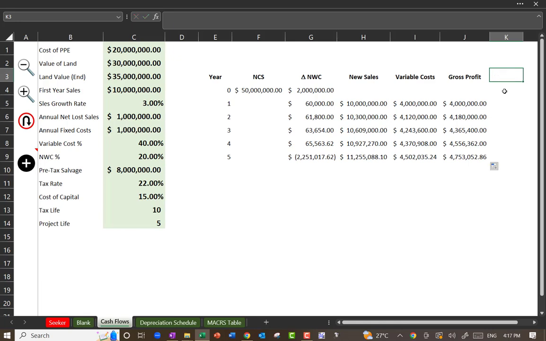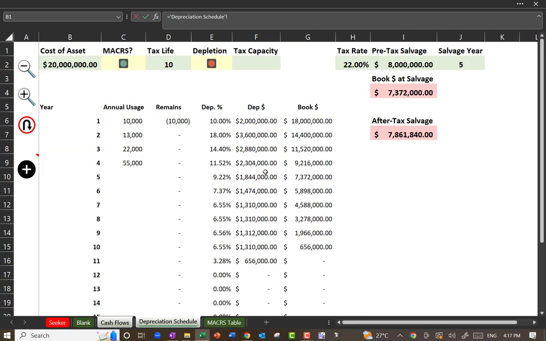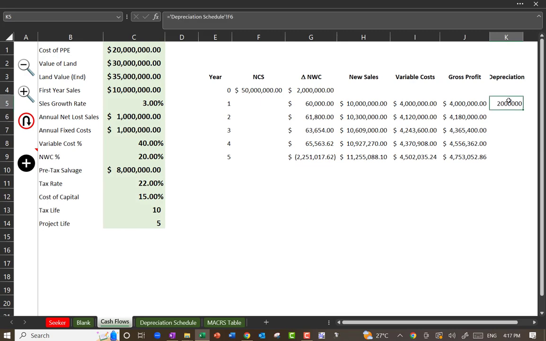I'm gonna calculate the depreciation from here. I'm gonna basically go to depreciation schedule. Copy, paste format.